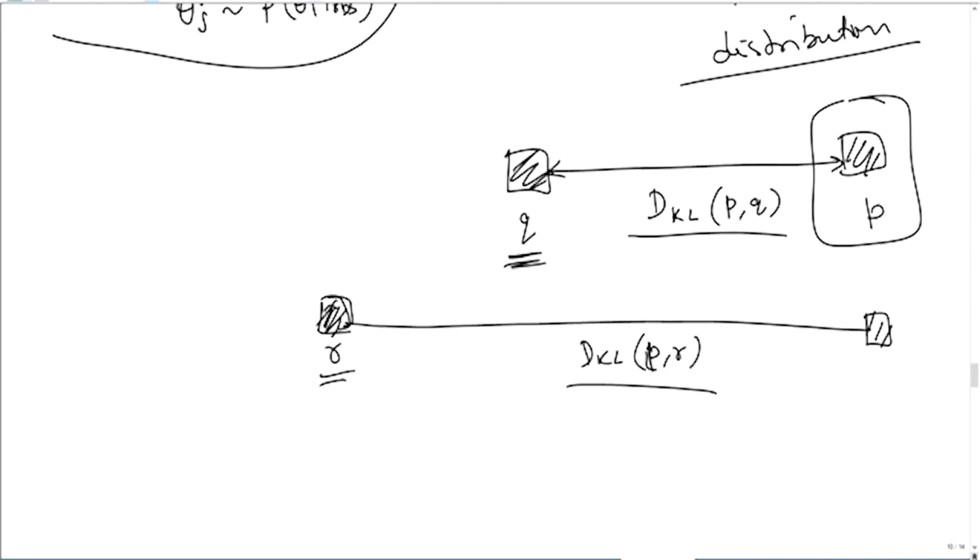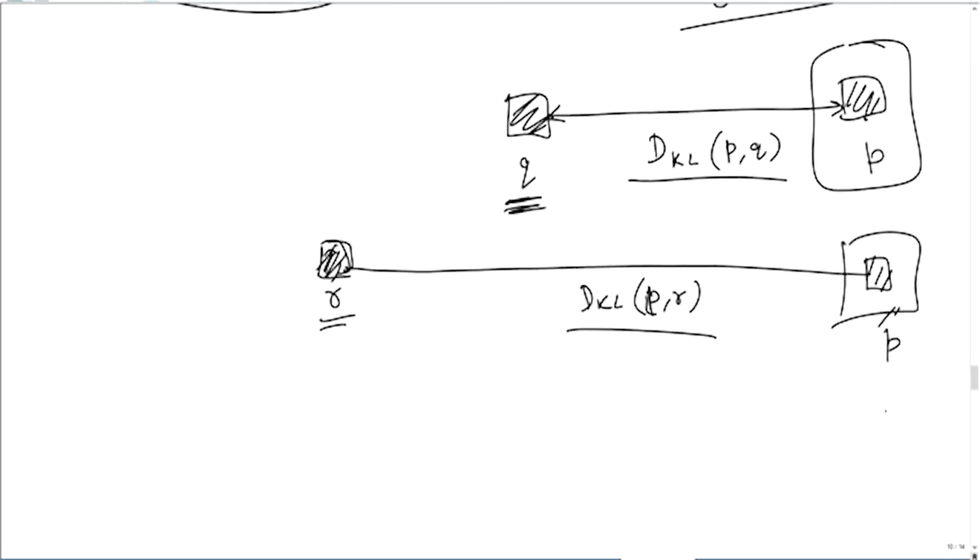What we are interested in is just figuring out whether model Q or model R is far from the true distribution, or in other words, which model is closer to the true distribution P. That's all we are interested in, and that can be achieved using this. How?